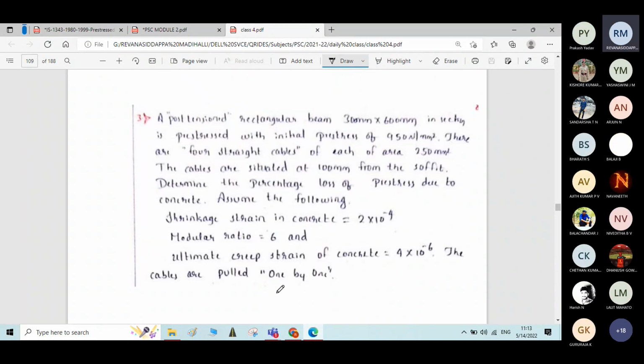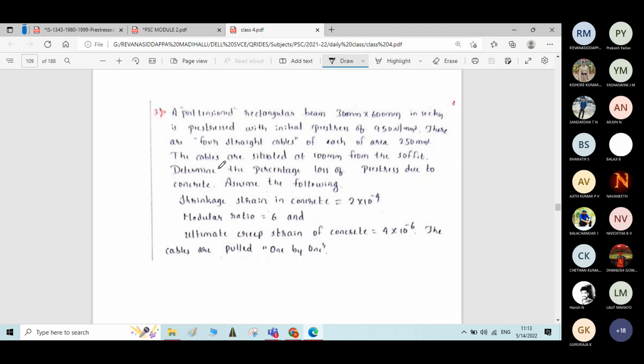Okay. I have to read this problem. Meanwhile, I'll write the diagram.